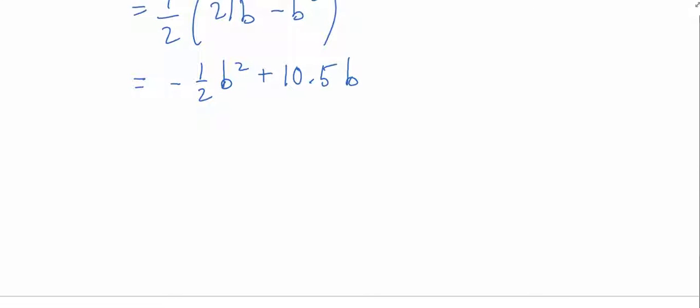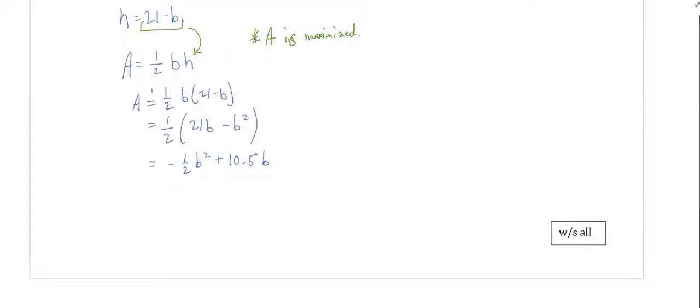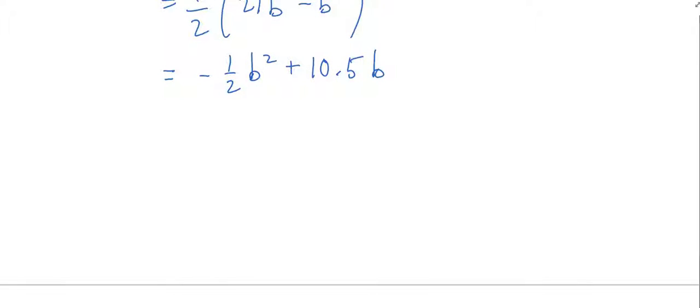And then I got to keep going because I got to complete the square now. So I'm going to take the 1/2 out. 10.5 divided by 1/2. Be careful, it's not half of 10.5. Do it on your calculator. 10.5 divided by 1/2, or 0.5, same thing, is 21 again.